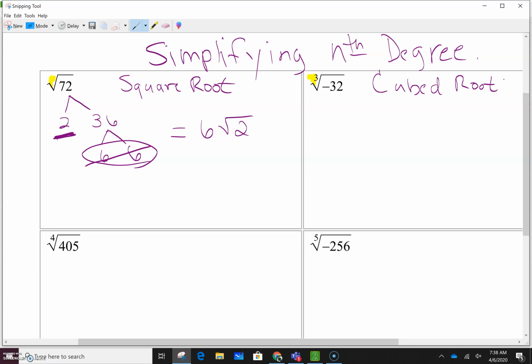I'm going to break that apart a little bit inside that radical. I'm going to say that's -1 times 32. Now the thing that you need to know about this is that I can break that radical apart so that it's a cube root of -1 times a cube root of 32.